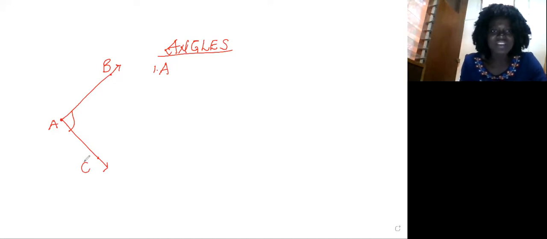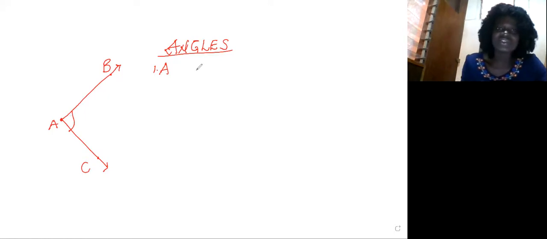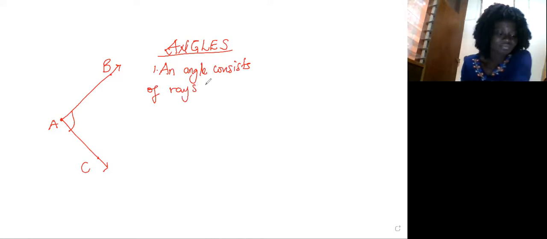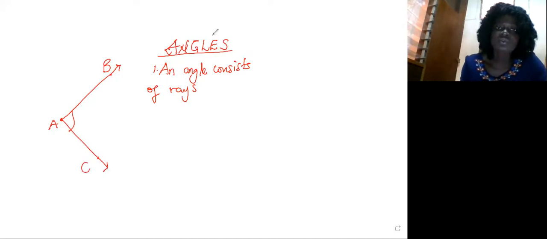This is a ray and this is another ray, all meeting at a point. So let's write: an angle consists of two rays with a common end point.